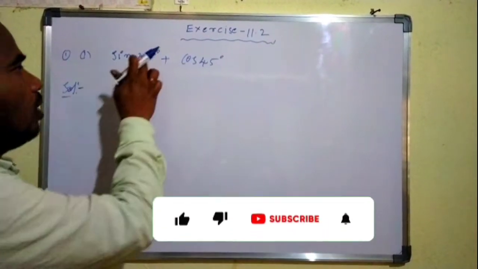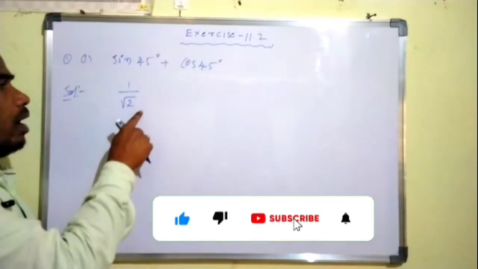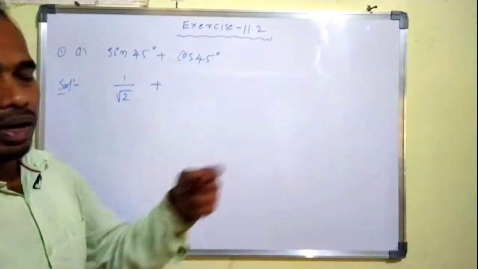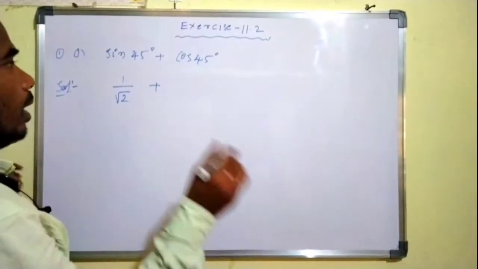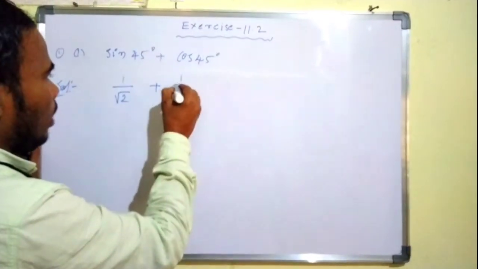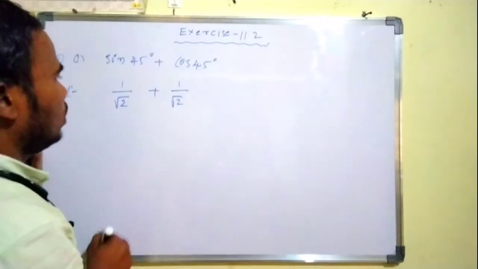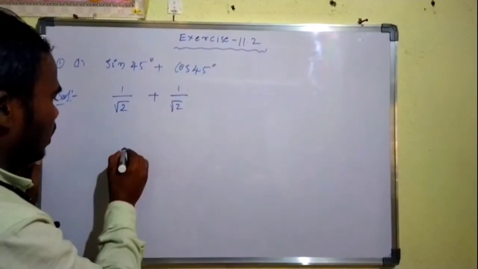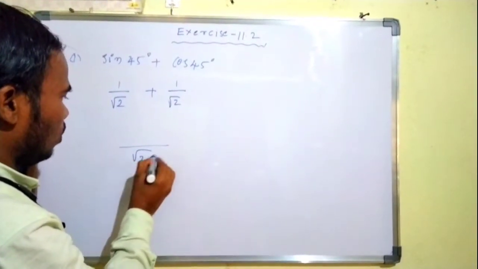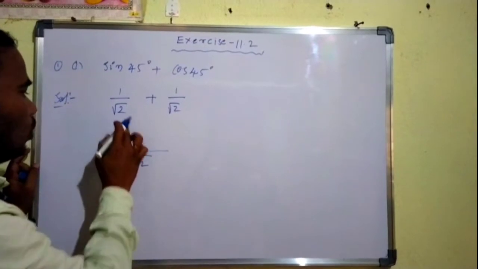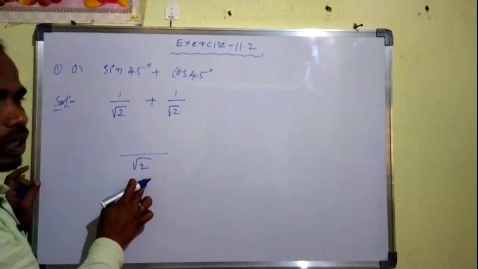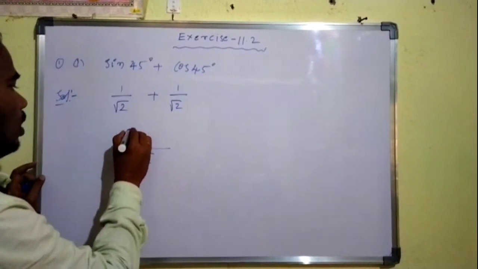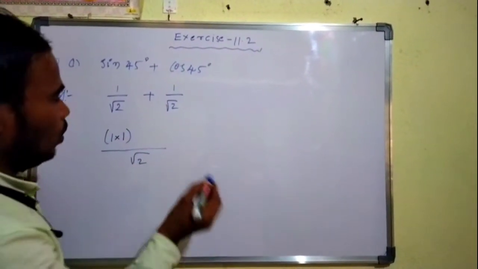Sin 45 degrees is equal to 1 by under root 2, plus cos 45 degrees, which you can also take from the trigonometry table. Here also 1 by root 2. So 1 by root 2 plus 1 by root 2, the denominator is root 2, and the numerator is root 2 by root 2, the quotient is 1. So this process everybody should know.